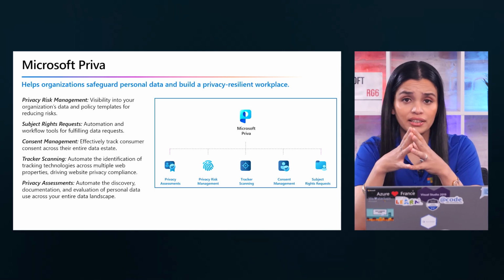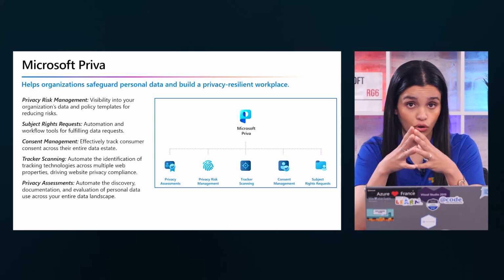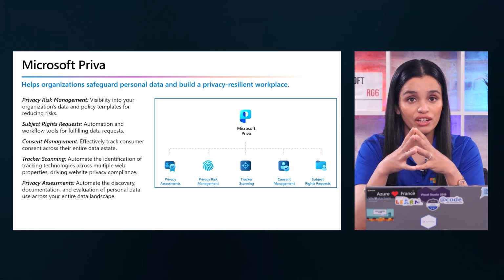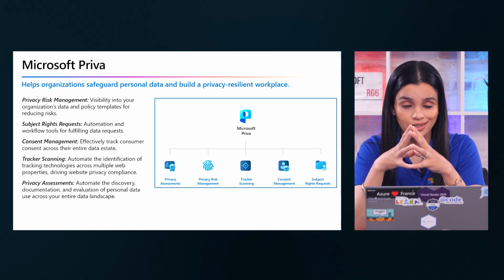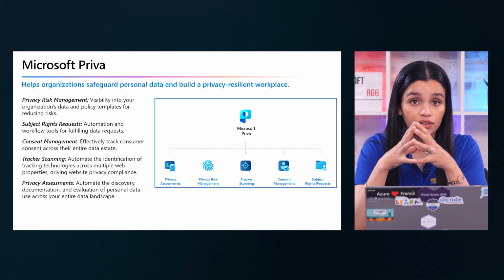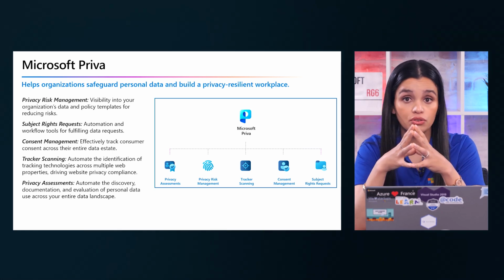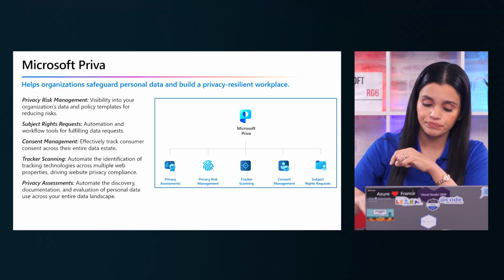Priva Tracker Scanning empowers organizations to automate the identification of tracking technology across multiple web properties, driving the efficient management of website privacy compliance. And Priva Assessments automate the discovery, documentation, and evaluation of personal data use across your entire data landscape.